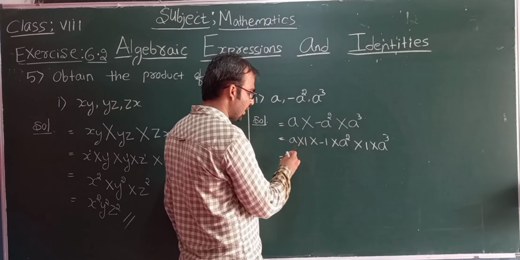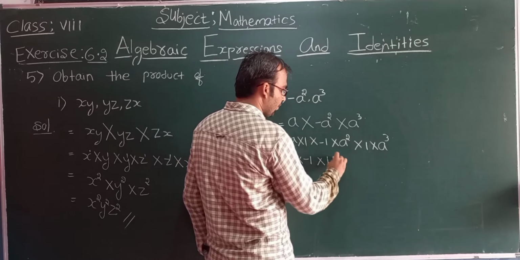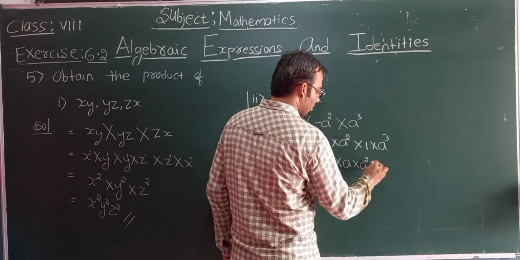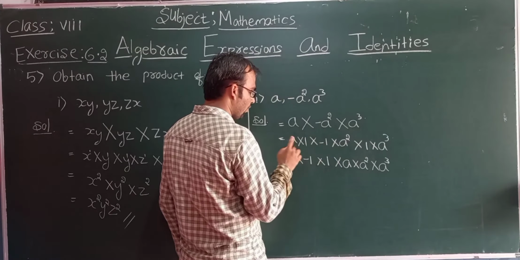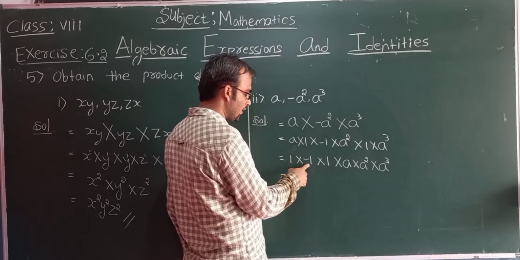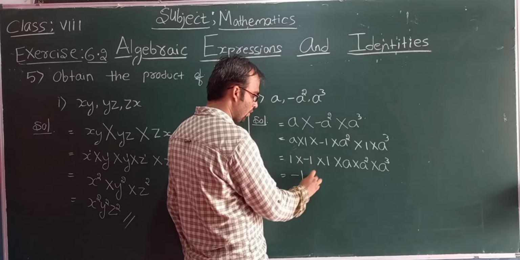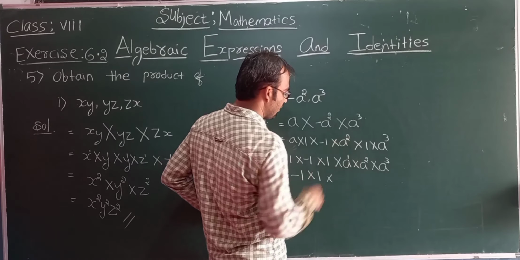Now group the numbers: a into minus 1 into 1 into a into a square into a cube. Here plus is there, here minus is there, so plus into minus will be minus 1 into 1, into, here nothing is there means 1 will be there.